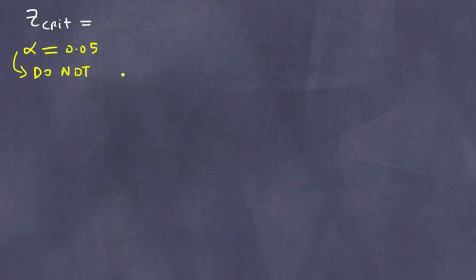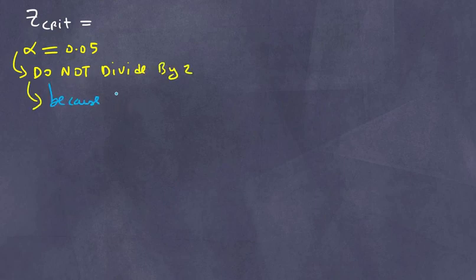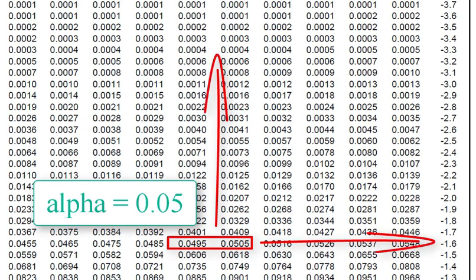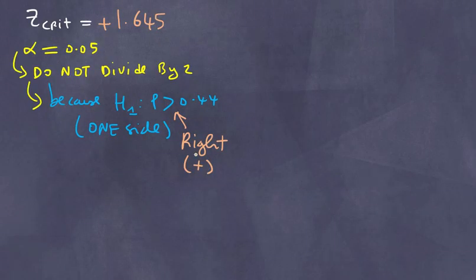Now Z crit, we won't divide alpha by 2. That's because H1 is one-sided, right? From the Z table we find Z crit to be 1.645 and it's positive. This is a right-sided test, and as such the critical value must be positive.